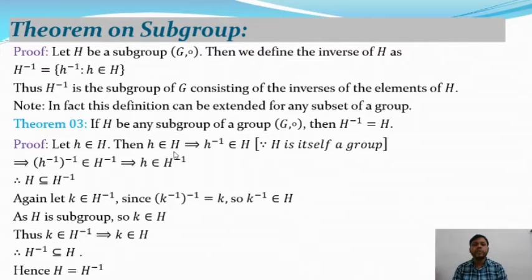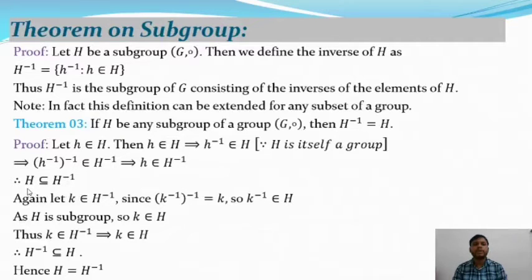So if h belongs to H, applying the inverse property of a group, we have h inverse also belongs to H. So therefore, the inverse of h inverse, where h inverse is an element belonging to H. Now applying the inverse property of a group, we see that the inverse of h inverse belongs to H. Okay, and this implies that the inverse of h inverse is equal to h, that is h belongs to H inverse.